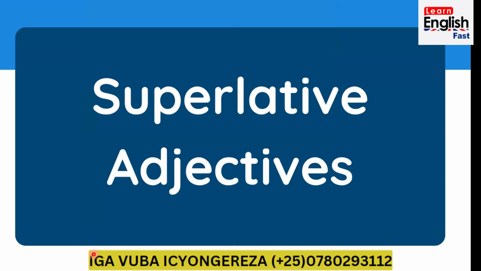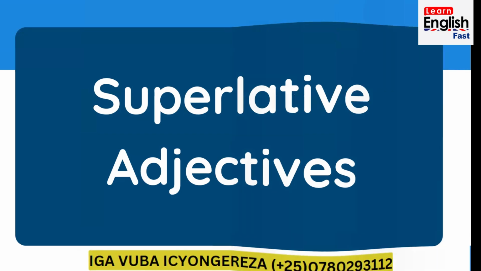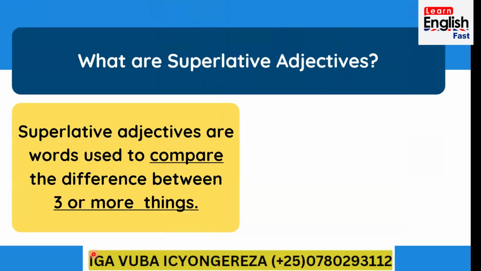Now let's see superlative. Tugiye noneho kureba superlative. Comparative, tuba turi kugereranya ibintu bibiri, tugiye kureba superlative. Iki gihe noneho tuba tugereranya ibintu birenze bibiri, nk'ibintu bitatu cyangwa se birenze bitatu. Okay, here, what are superlative adjectives? Superlative adjectives byo ni iki?